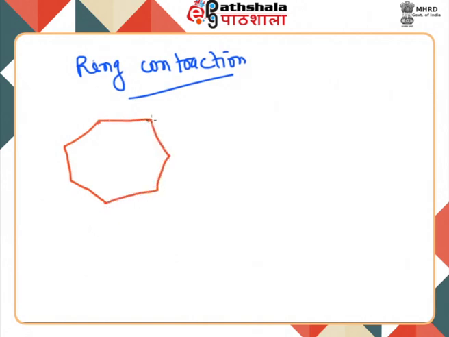We have this 7-membered cyclic ring, and let us take these two methyls here and a chloro here. In the SN1 hydrolysis, when this chlorine is removed as the leaving group, what we get is this carbocation.